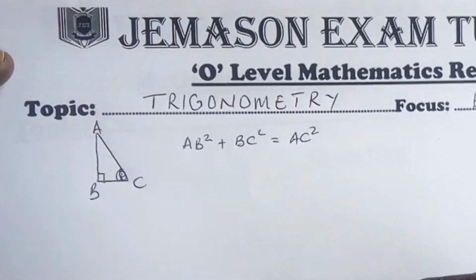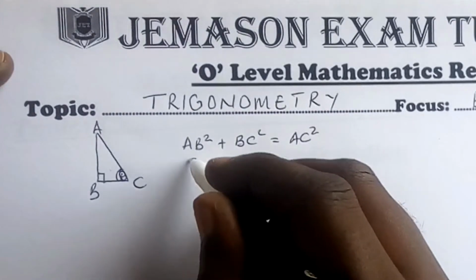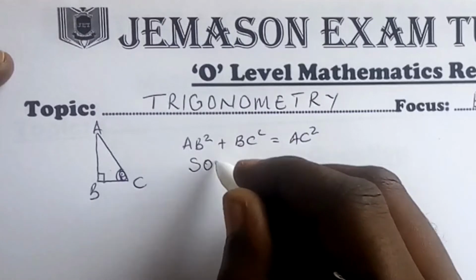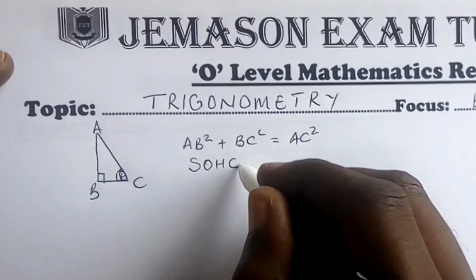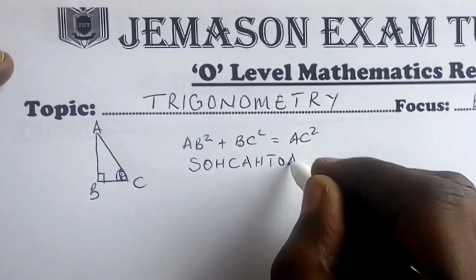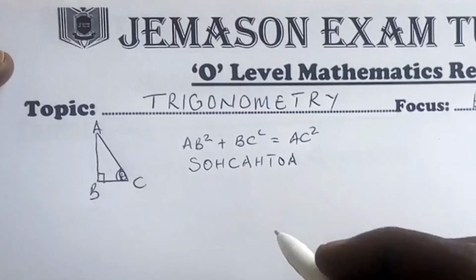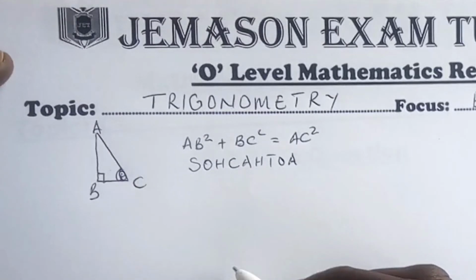At some point in the solving of bearings, you will be required to use Pythagoras theorem, as well as use trigonometric ratios in solving some situations. So you need to use SOHCAHTOA if at all you are dealing with a right angled triangle.